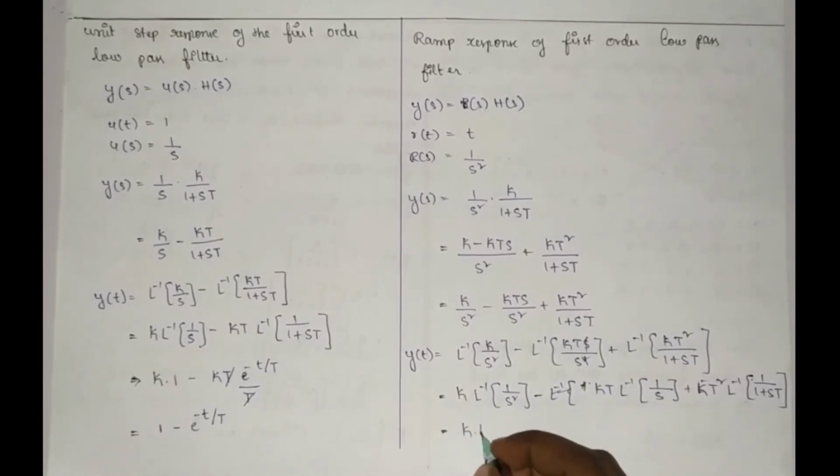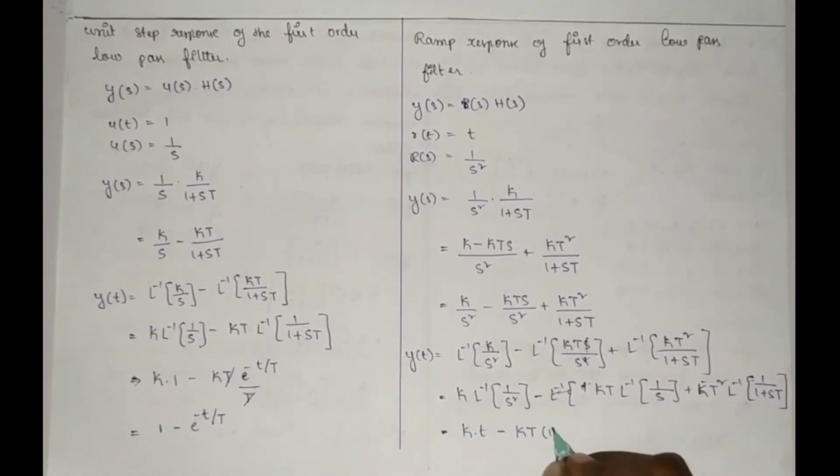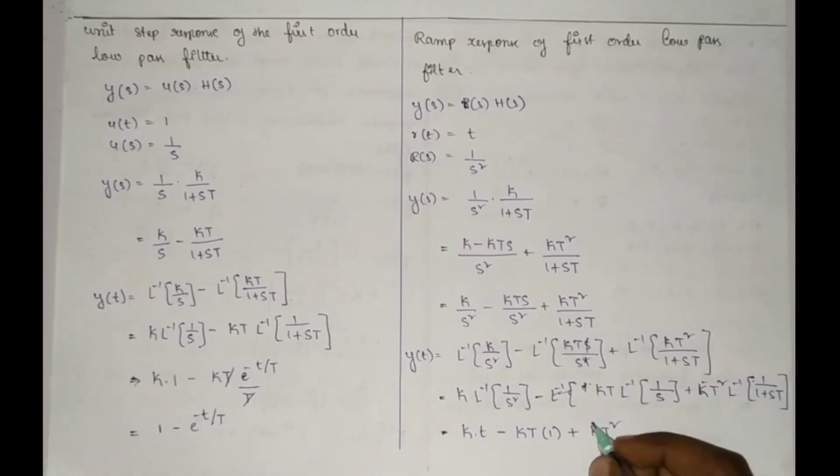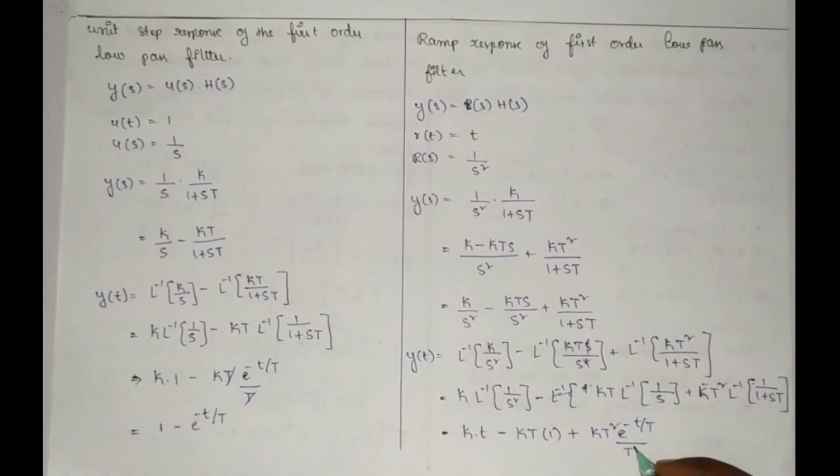So k into t minus kt into L inverse of 1 by s, which is equal to 1, plus kt square into L inverse of 1 by 1 plus st, which is equal to e power minus t by t divided by t. T gets cancelled.